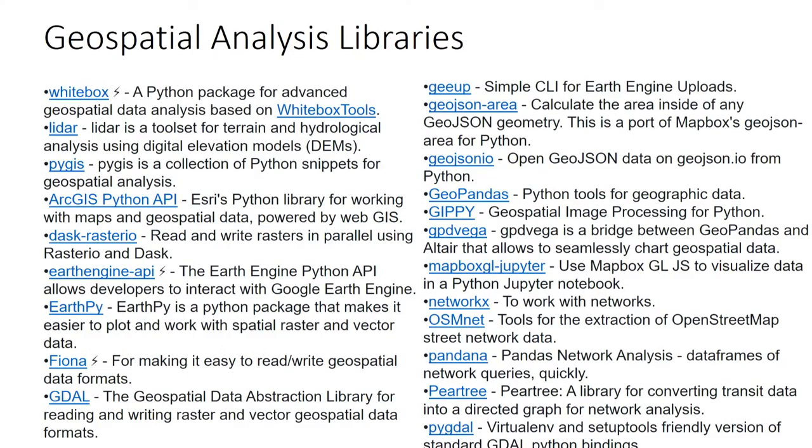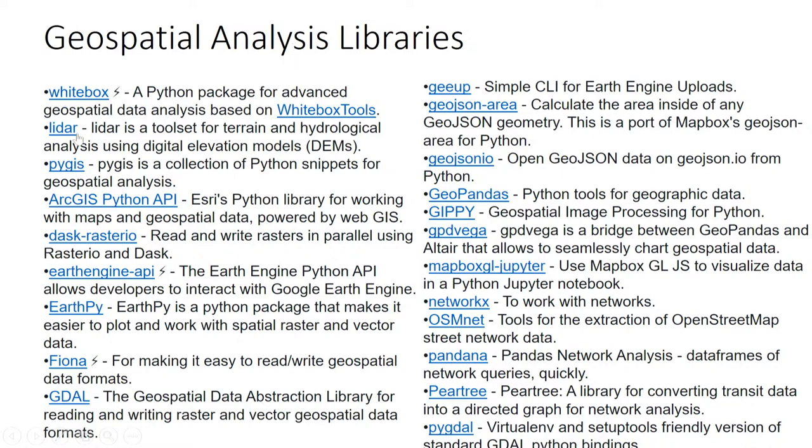These are the libraries for geospatial analysis. GDAL is the most versatile among them. Almost all vector and raster data formats are supported by GDAL. Apart from GDAL, there are libraries like Whitebox.